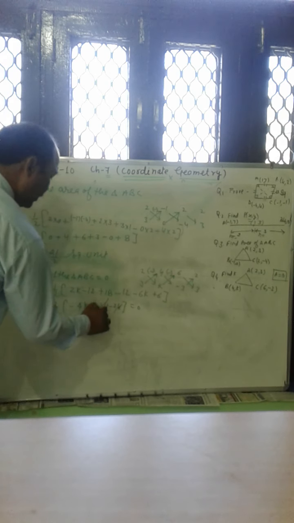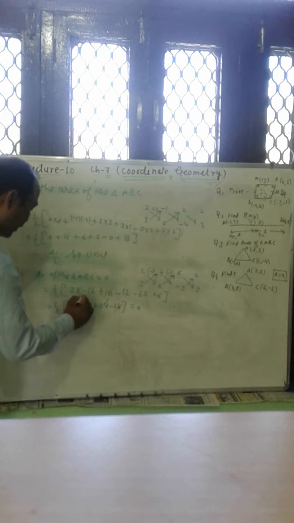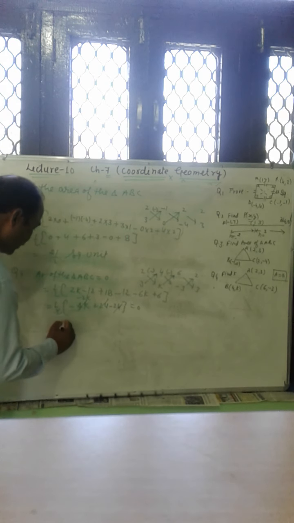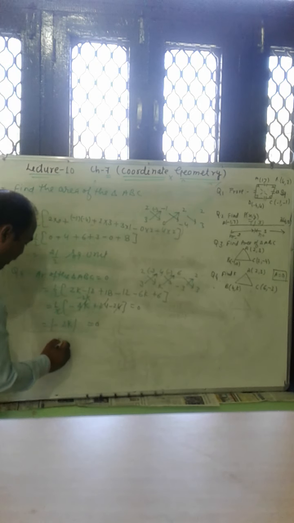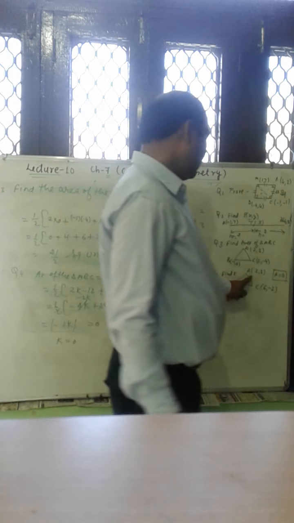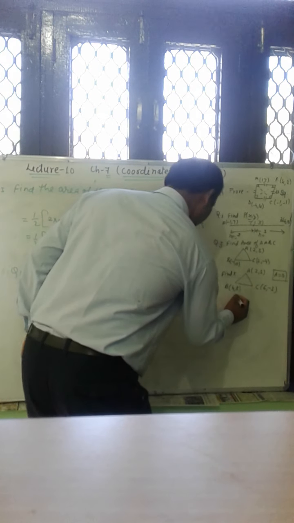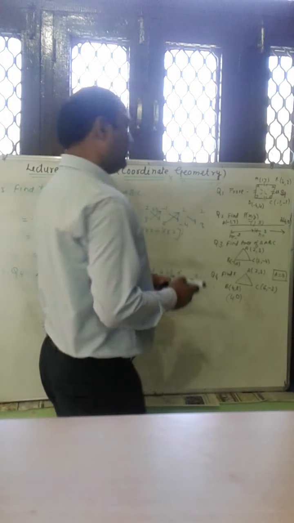This is cancelled, so this is divided by minus 2k, minus 2k is equal to 0, then k is equal to 0. It means the value of k is 0. It means the point is 4 comma 0.